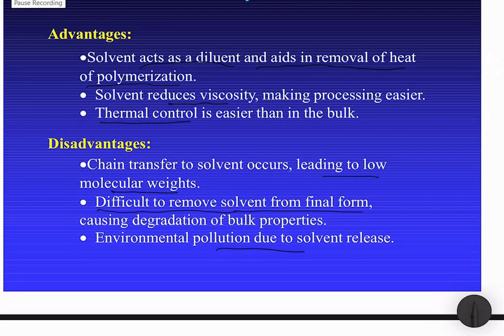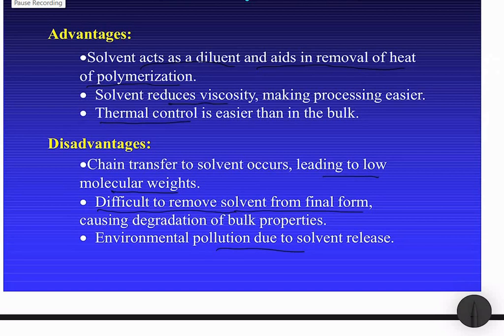So in the plant area, you must have a solvent vapor collector, and that collector will collect, to the maximum possible extent, the solvent vapor, and then condense it and reuse it.